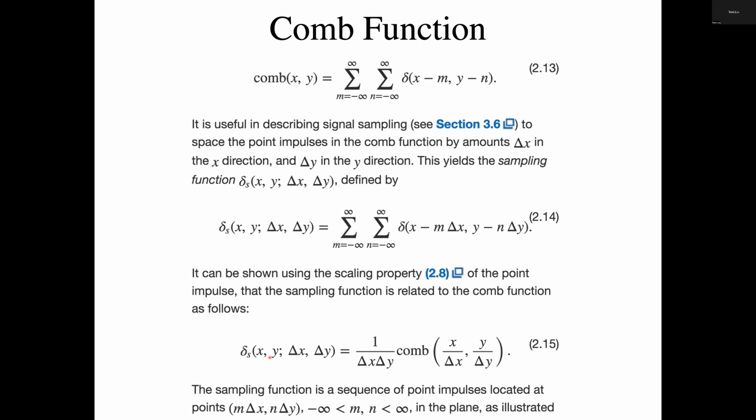It's a function of the continuous variables x and y, and the spikes are separated by delta x, delta y. And so to write it out as the comb function, we just have this scaling here to essentially normalize for the number of spikes per unit area, right? Is what that normalization is doing. Okay.